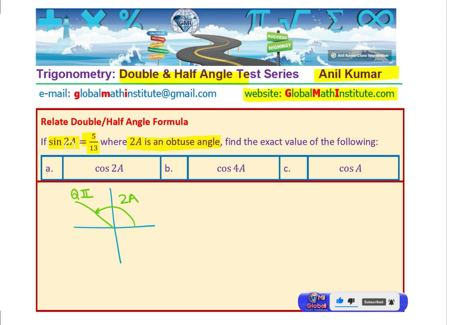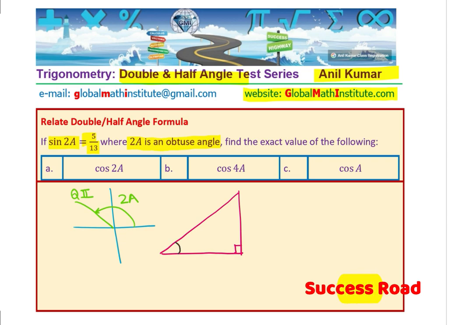Now when I say sine 2a is 5 over 13, it really means that if I draw this triangle, it could be something like this. Well, it is not to scale for sure. Let's say this angle is 2a. I know that is an obtuse angle, but let's think about it.